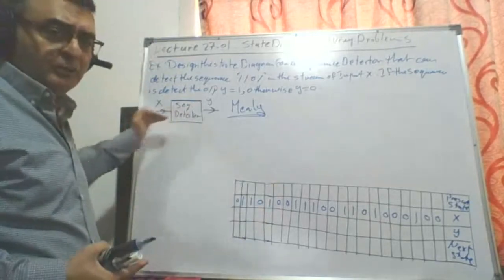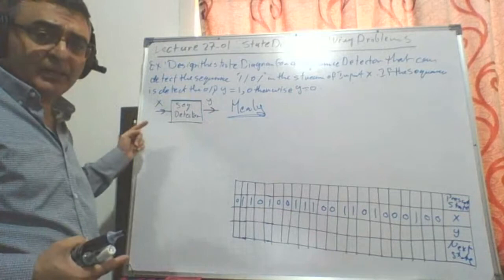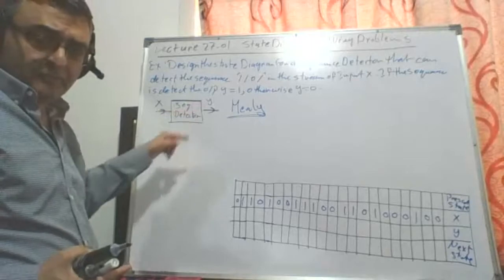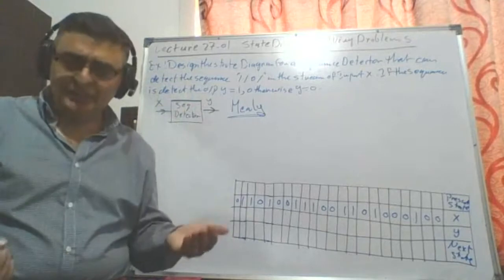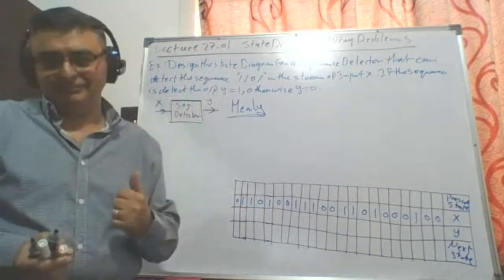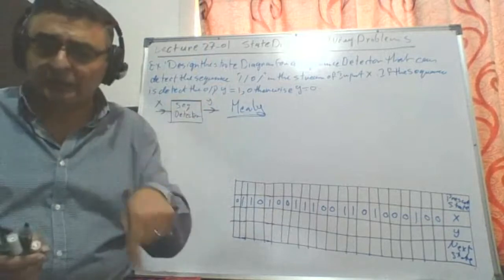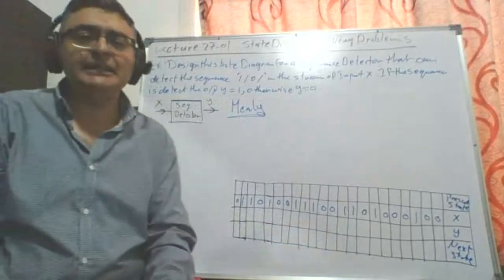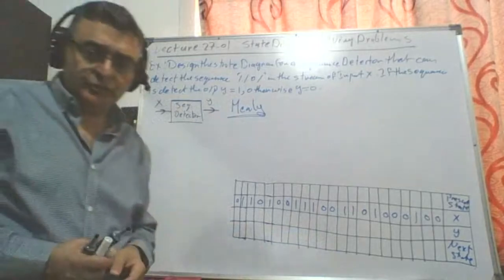I have a stream of inputs coming to the circuit, but the output will not only depend on what's coming at X, it depends on the amount of history this circuit is keeping of the old X's. Since I want to keep the history, that means I am in a sequential circuit. I have to memorize the old values. The output does not depend only on the current value of X, it also depends on the previous values of X. So it is a system that has a memory, so it's a sequential circuit.